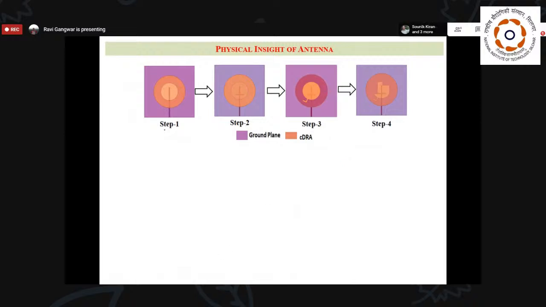So we can say that first step, we have designed your one circular aperture, and on the top I have put your one cylindrical DRA. In the second condition, I have cut your one slot, that is your plus shape, into your microstrip line, and then I have incorporated your one L-shaped structure, and after that I am going to modify this circular patch or circular aperture into your DRA.